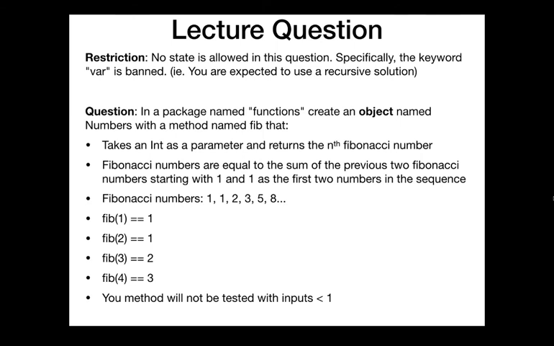So we can't do that anymore with var being banned. So we want to use that recursive solution. I want to push you to the functional programming way of thinking, just like I banned control flow to push you to the object-oriented programming way of thinking. So how do we solve this in a recursive way? How do we write a recursive method that's going to solve this Fibonacci sequence problem?